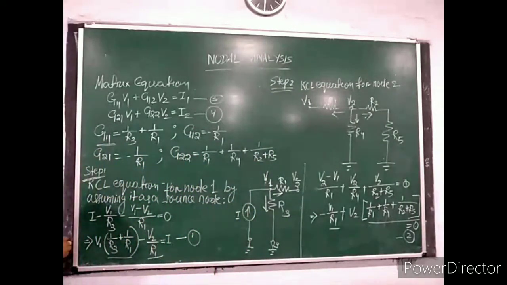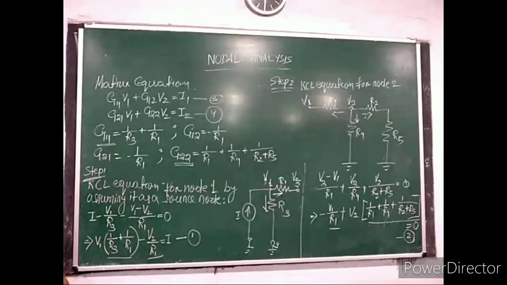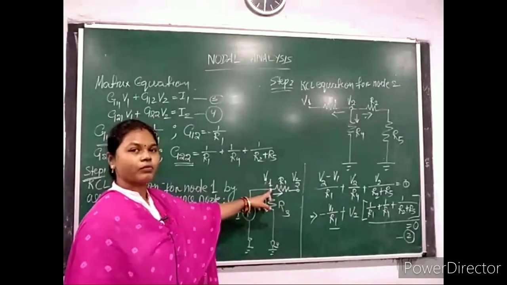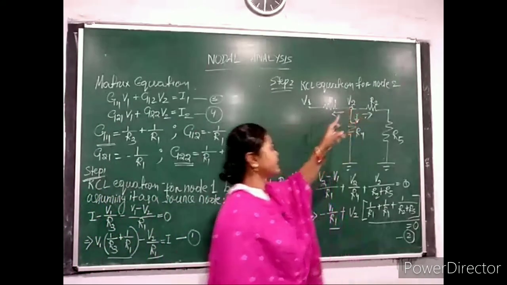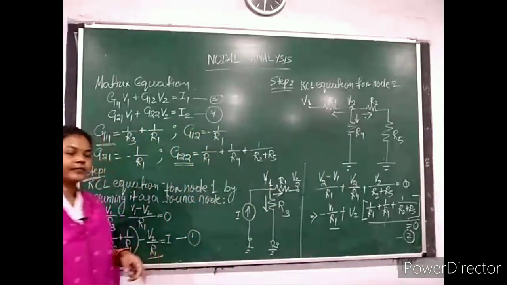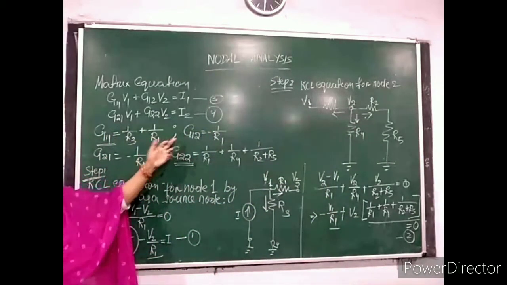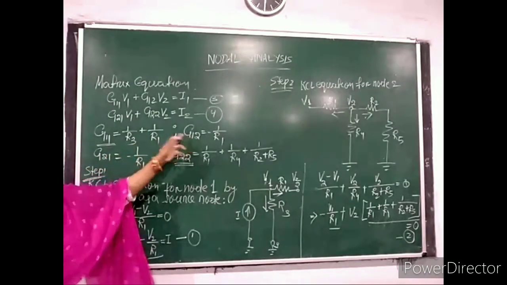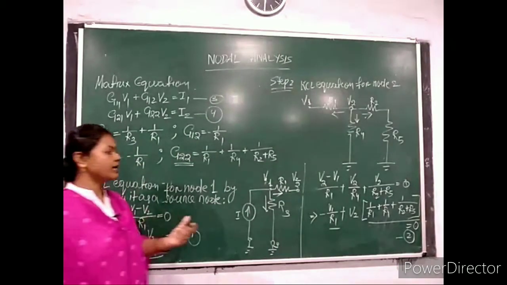This G11 and G22 are the conductances connected to node 1 and node 2, called self-conductance. Similarly, G12 and G21 are the mutual conductances shared by node 1 and 2 both.